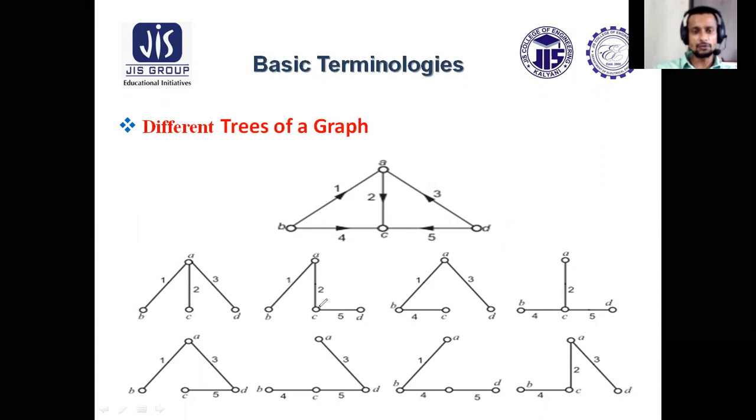So 1, 2, 5 is chosen here. Okay. Similarly, another 3. So different possible combinations of branches can be chosen to form a tree. So it is not mandatory that for a particular graph you will have a single tree. You may have different trees. Based on those trees, you may have different results. But finally, ultimately, you'll get the same result for our network.